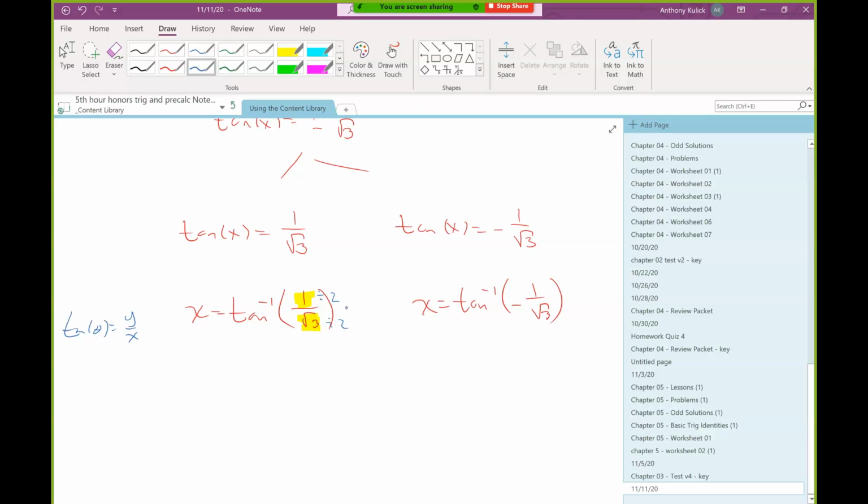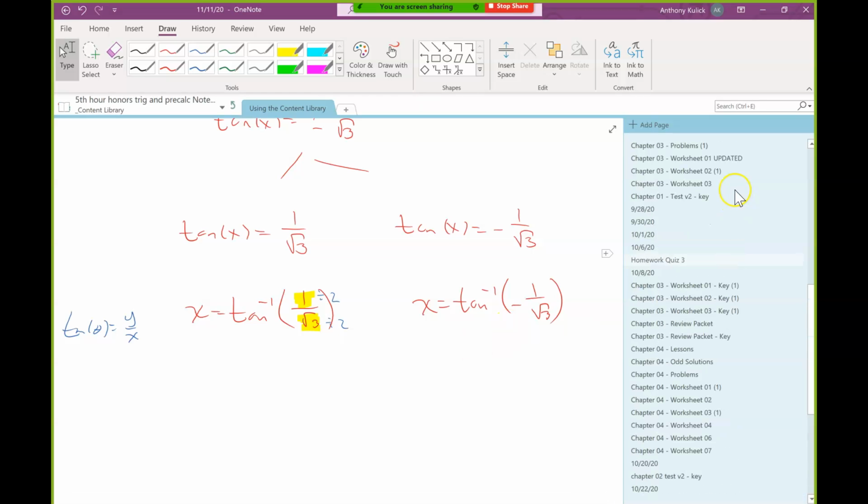That's just like finding a common denominator where we multiply by 2 over 2 or whatever. We can certainly divide by 2 over 2. I do have places where the coordinates are 1/2 and square root 3 over 2 on the unit circle. So that's why I'm pointing this out, just so I see where I'm looking at the unit circle. So I'm looking for places where I have 1/2 as the y coordinate and square root 3 over 2 as the x coordinate.